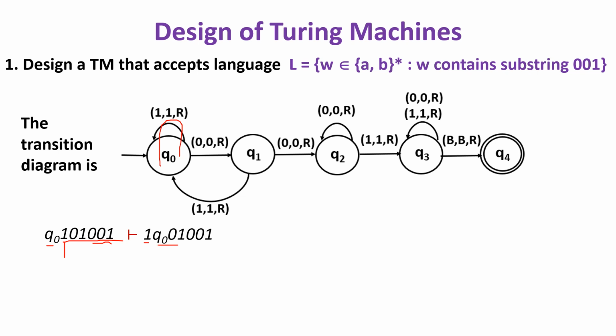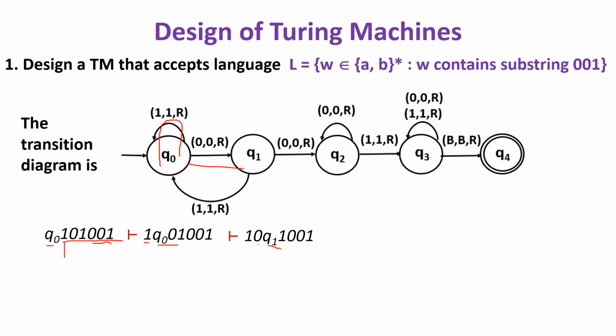Next, Q0 0. So this will be the first 0. So it will change the state from Q0 to Q1 and move towards the right. So the derivation obtained is keep 0 as it is, move towards the right, change the state from Q0 to Q1. Next, Q1 1.